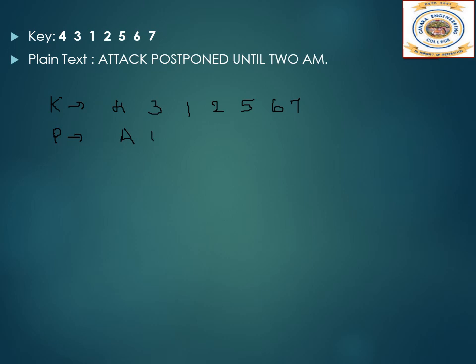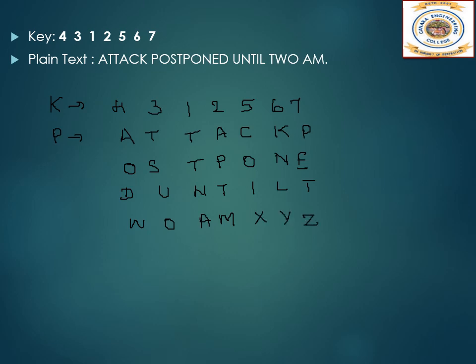So attack: A, T, T, A, C, K. Postpone: P, O, S, T, P, O, N, E. Then D, until: U, N, T, I, L, 2: T, W, O, A, M. Since three places are blank here, I will simply fill them up with X, Y and Z just to complete the columns.